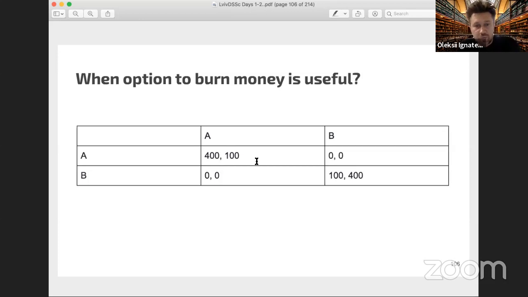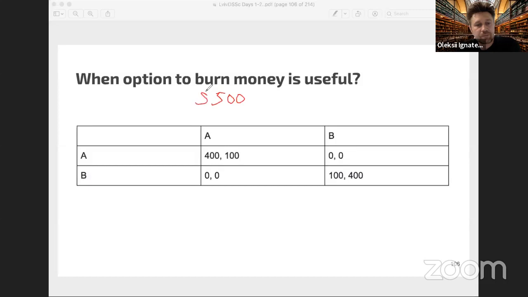So we have a show, a strategic show, and we have 2 players, and they need to split $500. They can choose A or B. These are their cards that they secretly put in some box, and then the box opens, and they see the decision.